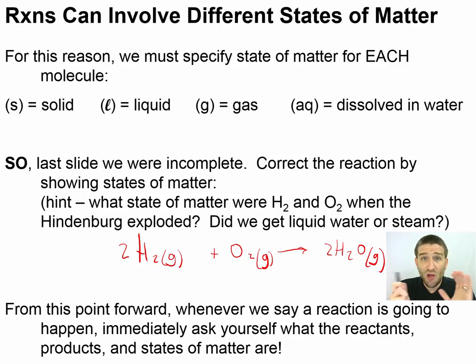But for the time being, you'll definitely need to be able to recognize it when it's really obvious, like oxygen, and really obvious like calcium metal, or steel, or dissolved iron 3 ion. See, all of these cases you should be able to identify that the iron 3 ion would be aqueous. Iron metal would be solid. You should be able to infer those things, but we won't ask you more complicated cases.